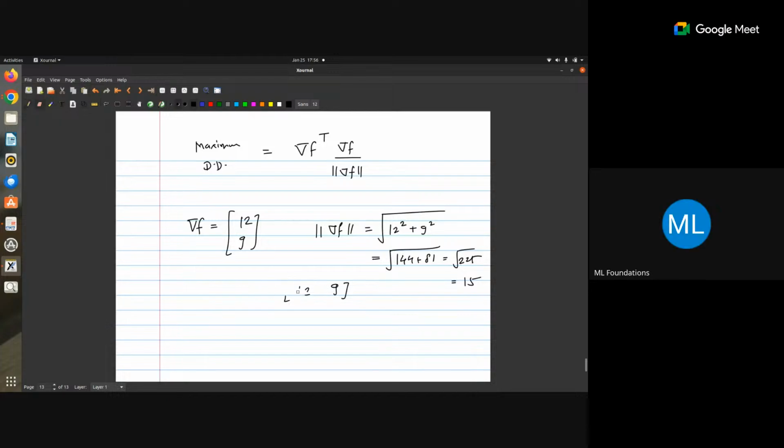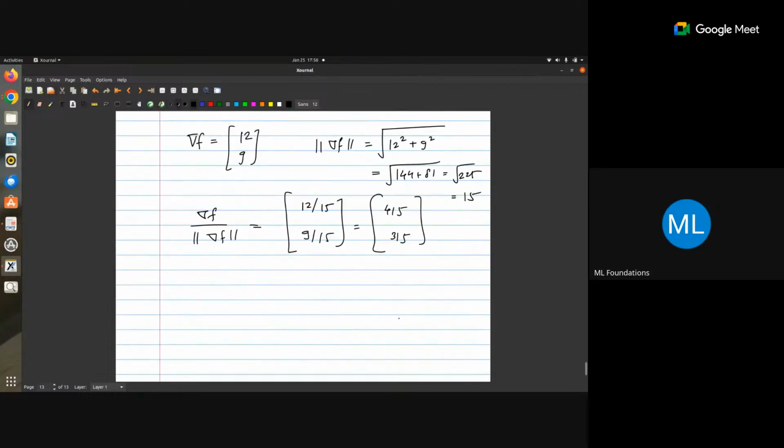So my del f upon this will become 12 by 15 and 9 by 15, that is 4 by 5 and 3 by 5. So the maximum directional derivative will be 12, 9, multiplied with this.